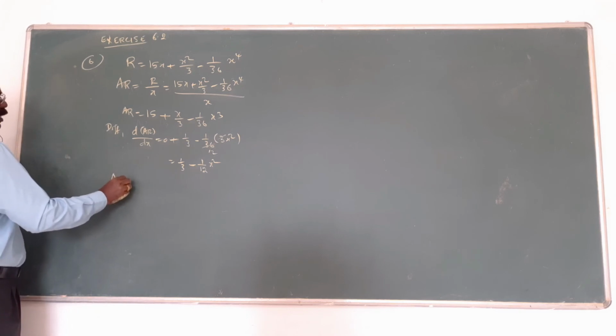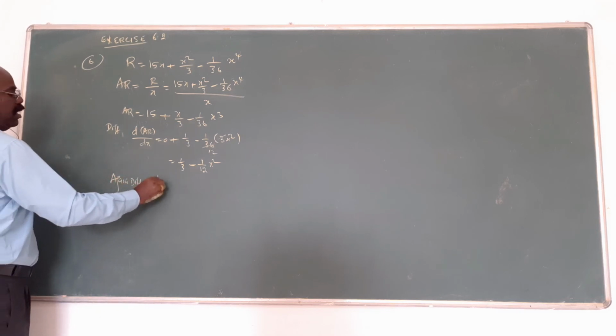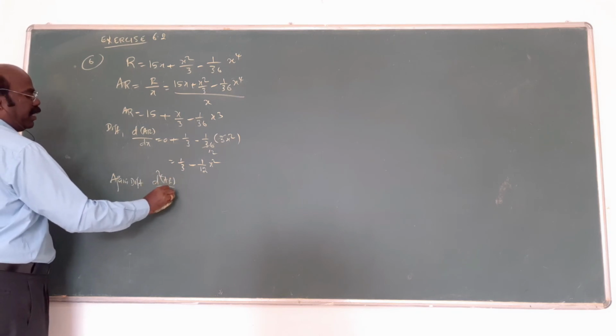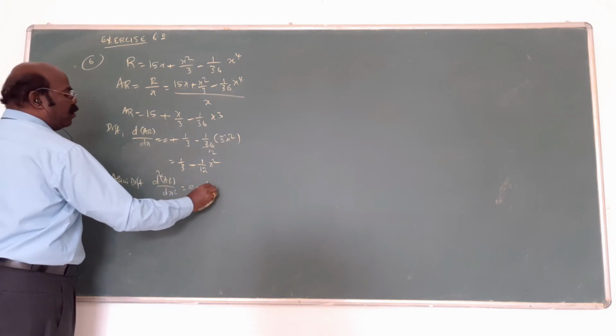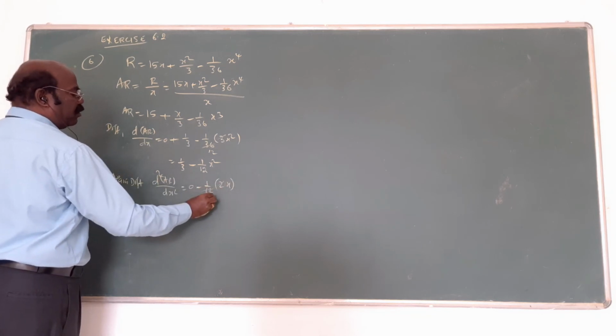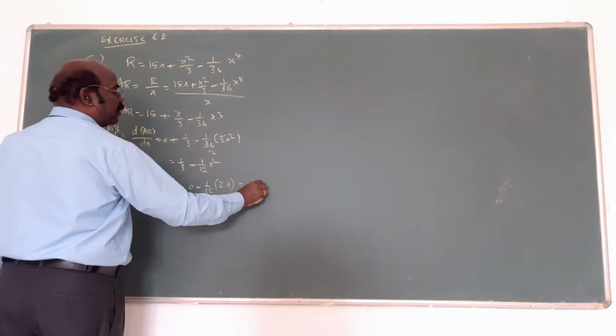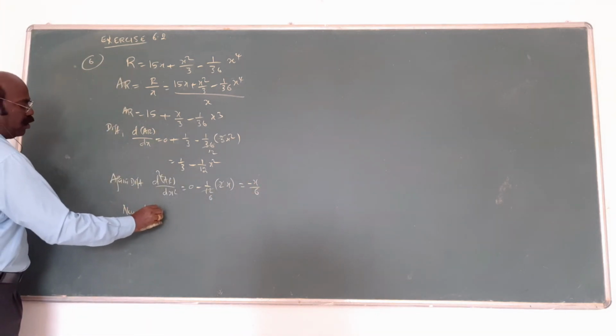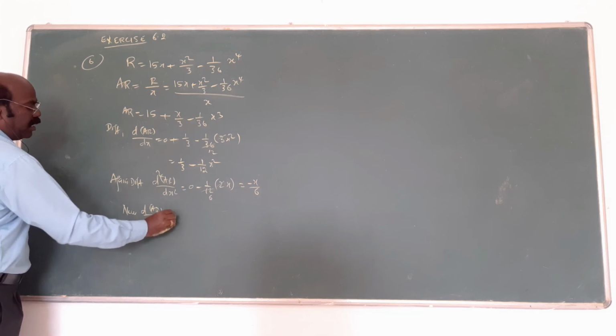Now we again differentiate. Second order derivative d square AR by dx square is equal to 0 minus 1 by 12 into 2x, cancel now, so minus x by 6. Now the first derivative is equal to 0, you will find the x value.